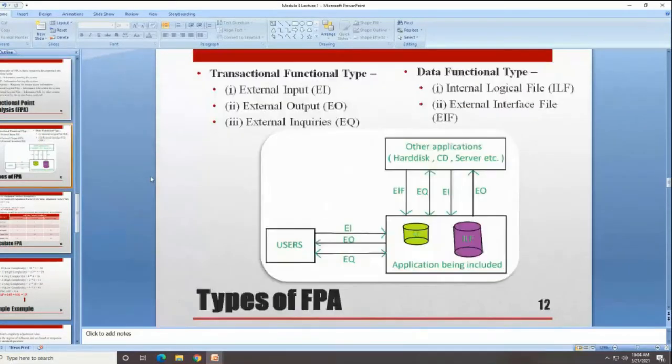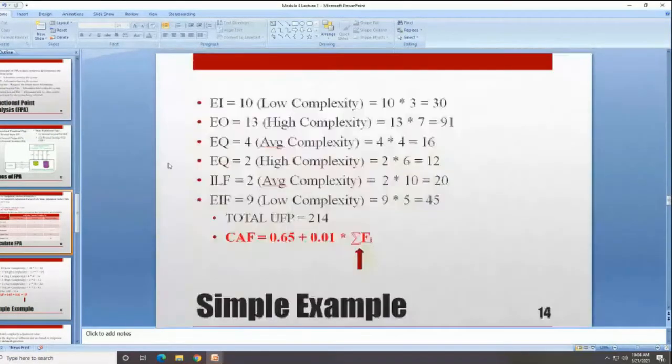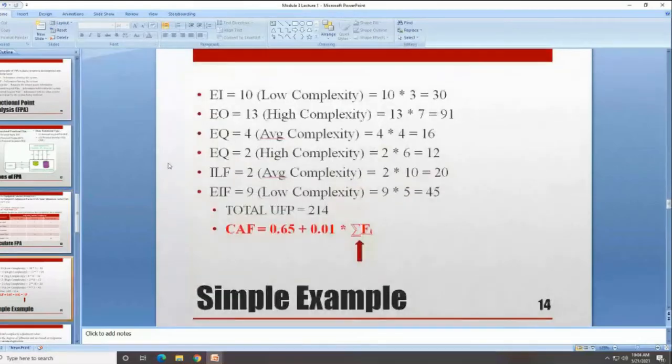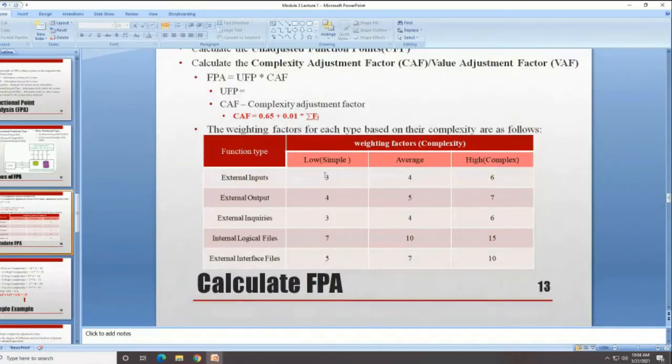Based on these, we are calculating the UFP. In the example, we discussed what is EI, external input, how many external inputs there are, and what the complexity level is, that is low. If it is low, then we will be taking 3. If it is average, we will be taking 4.